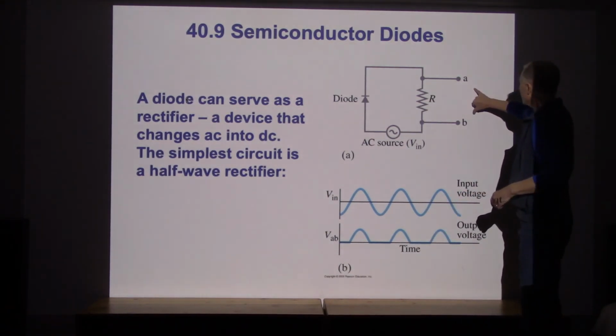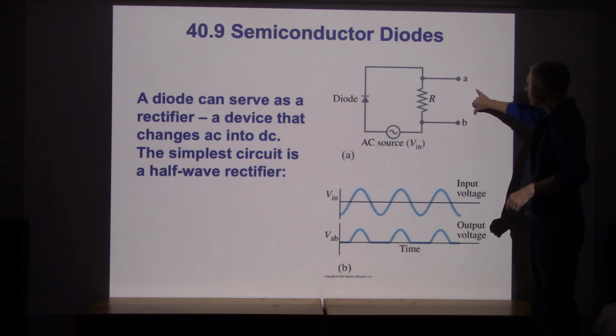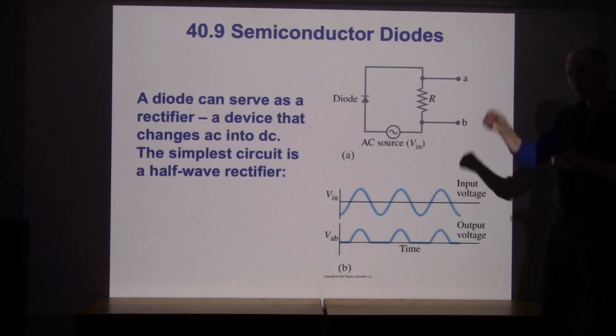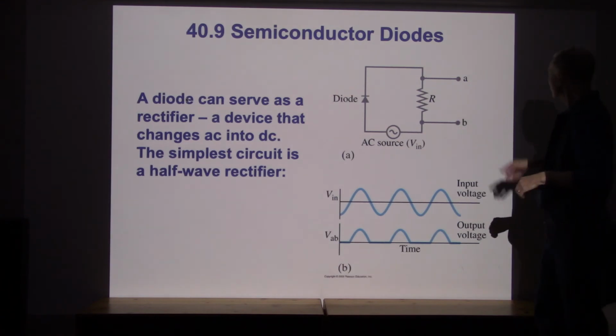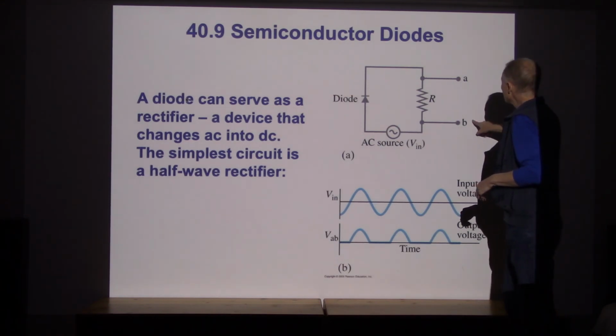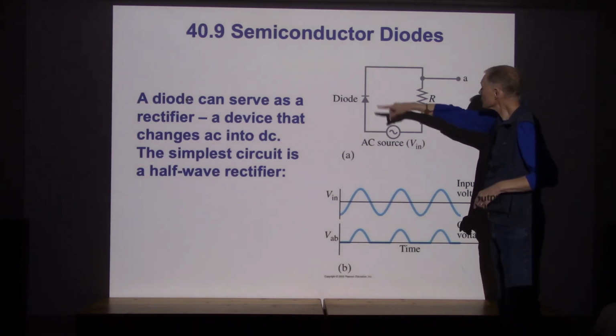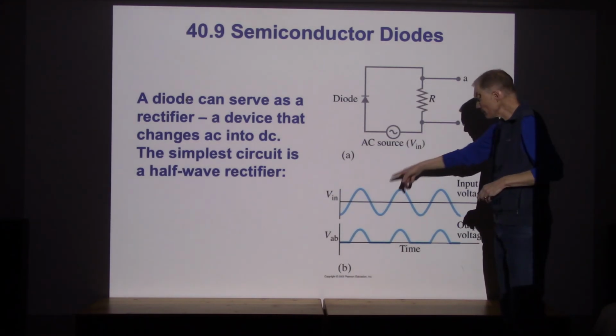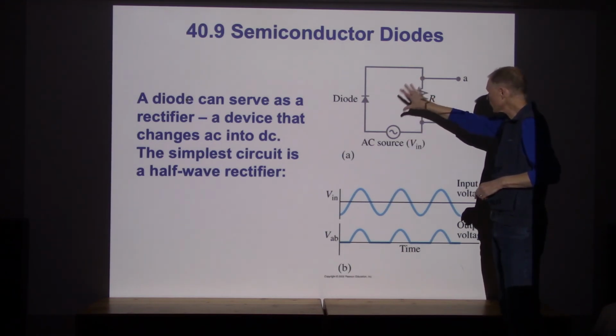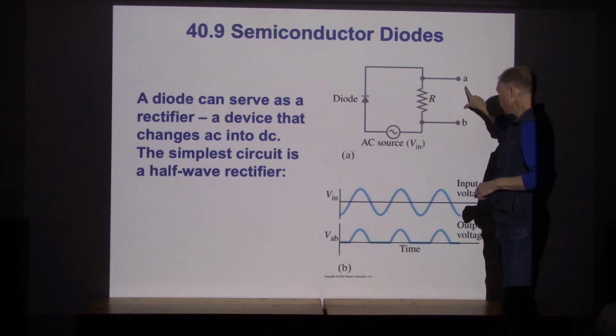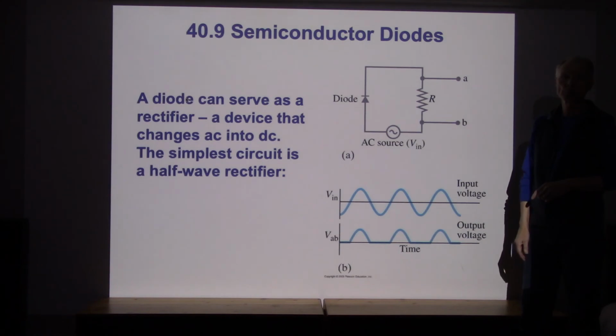Now, if I connect a voltmeter to points A and B, points A and B are going to be measuring the voltage across that resistor. When there is current flowing, there's going to be a measurable voltage, but when the current shuts down, this voltage will drop back down to 0.